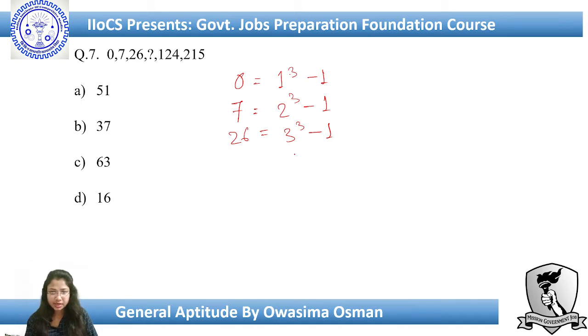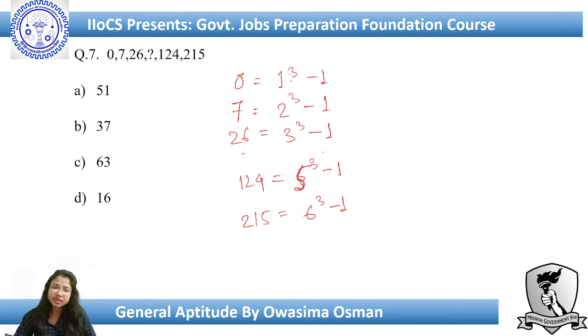Next, I am skipping the space for now, and 124 equals, we can write 6 cube, sorry, it will be 5, not 6, 5 cube minus 1, and 215 equals 6 cube minus 1.